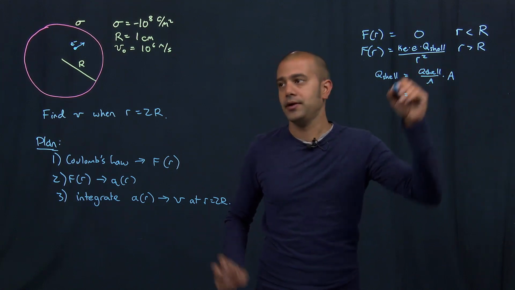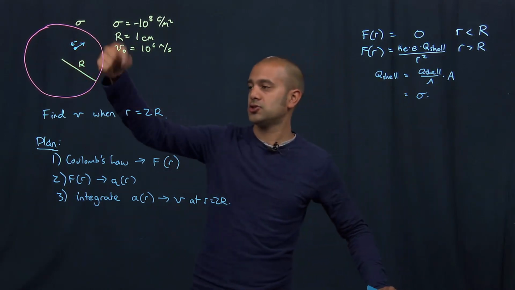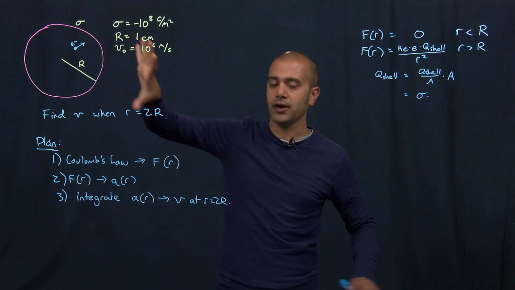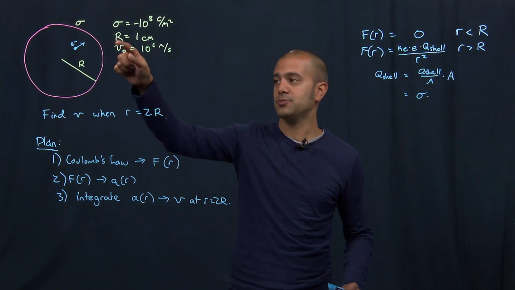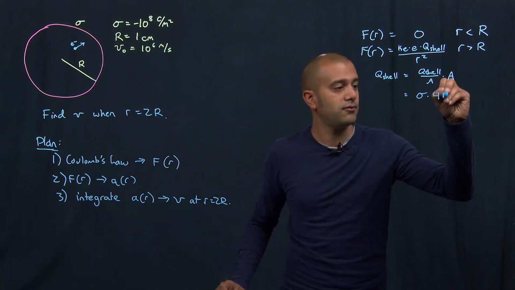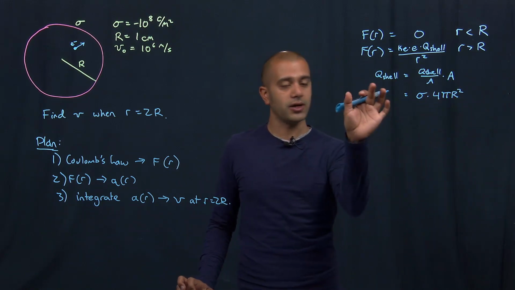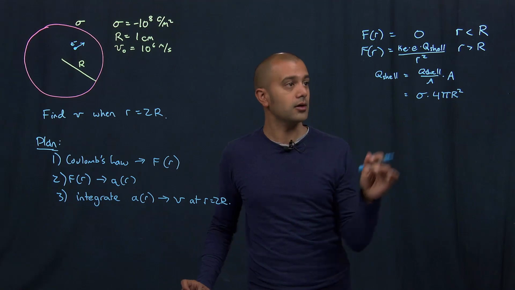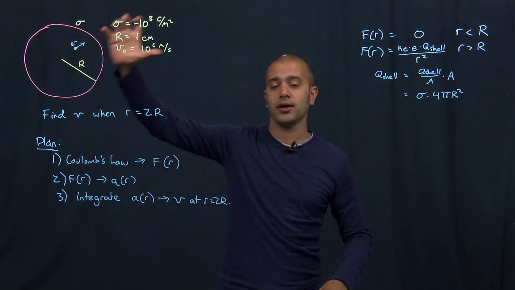This charge per area is sigma, and the surface area of a sphere is 4 pi R squared. You want to use big R here because we're looking at the sphere, not where the electron is. So it's 4 pi times big R squared. And we have sigma and we have R, so we could actually evaluate this Q numerically. And so what we have here is an expression for the force inside the charged shell and outside the charged shell.